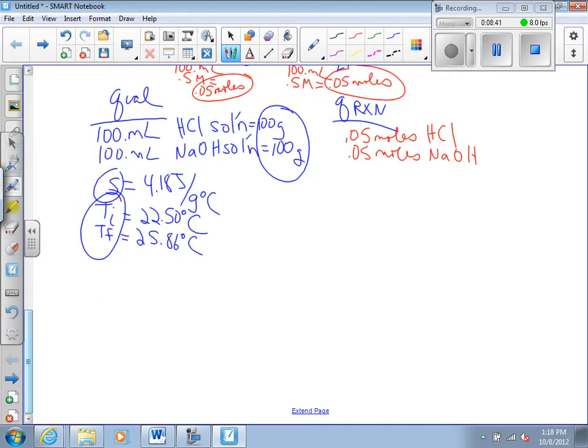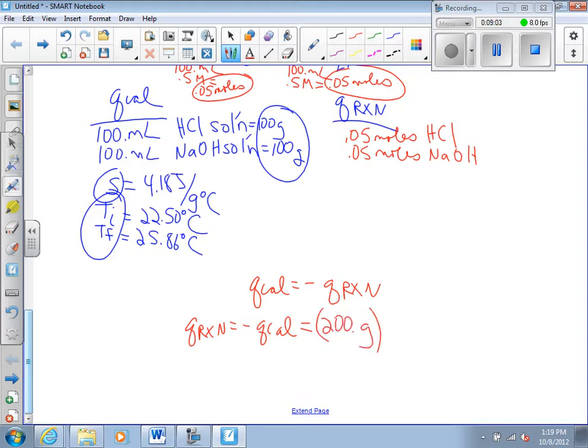Okay, let's do some calculations now. I have my equation, QCal is negative Q reaction. So I can solve for my Q reaction. Q reaction is going to be negative QCal. And now I just plug everything in for m S delta T. My mass will be 200 grams, 3 sig figs there.